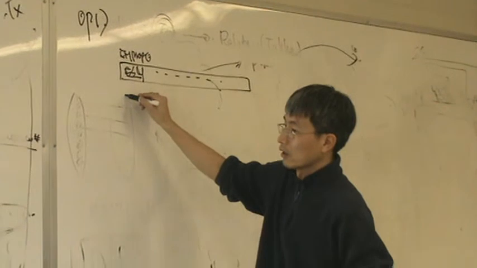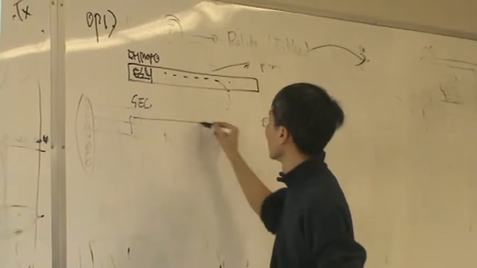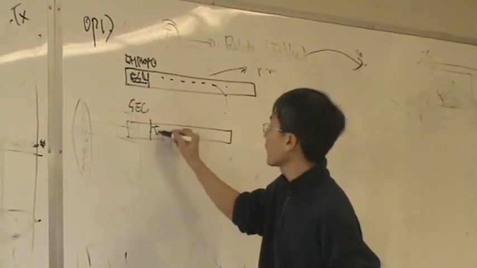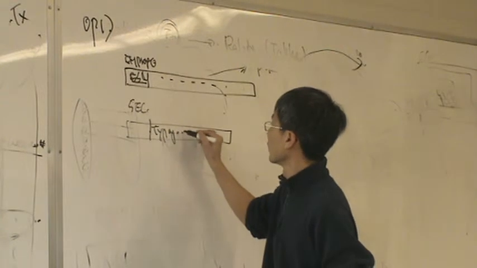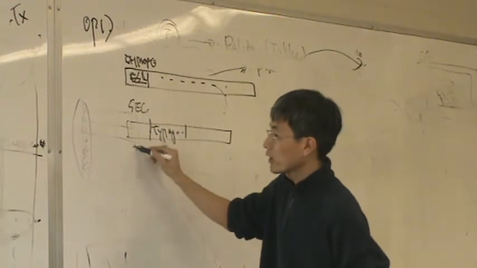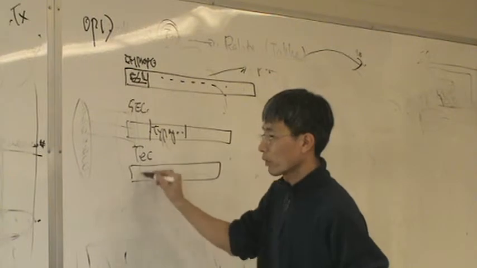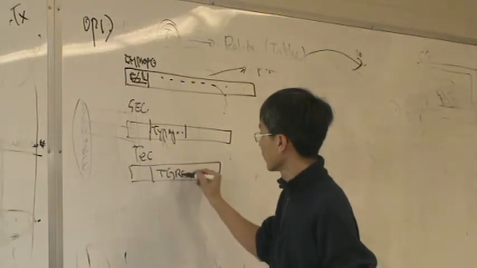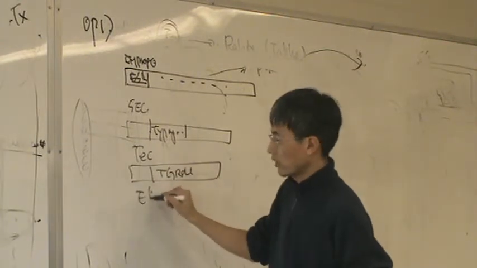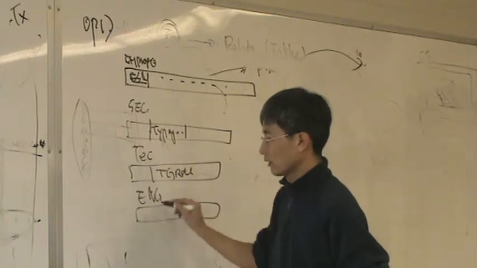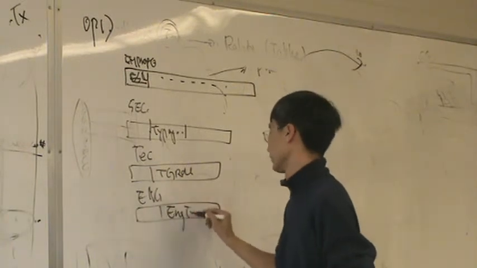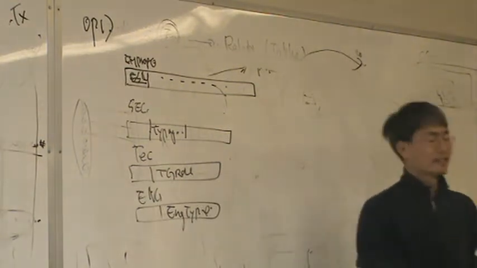Then secretary, we have typing speed, and technician, we have T grade, and engineer, ENG type. What do we miss?